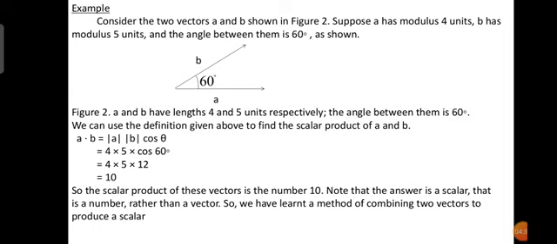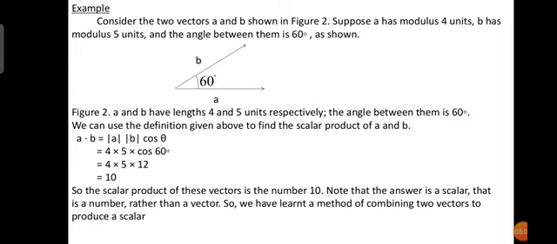And here is an example for you, showing how to calculate it. The picture gives the vectors A and B, and 60 degrees is the angle theta. Suppose the magnitude of A is 4, the magnitude of B is 5, and the given angle is 60 degrees.